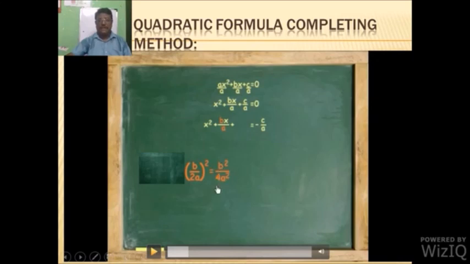This can be added on both the sides. So we get left side x square plus b upon a x plus b square upon 4a square equal to minus c upon a plus b square upon 4a square.